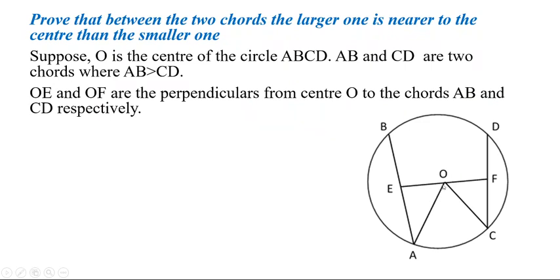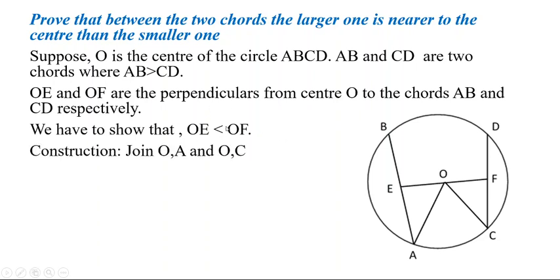OE and OF are perpendiculars from center O to the chords AB and CD respectively. We have to show that OE is less than OF. That is, the greater chord or the larger chord is nearer to the center than the smaller one. That is, OE is a smaller distance than OF. That is, OE is less than OF. It is our required proof.